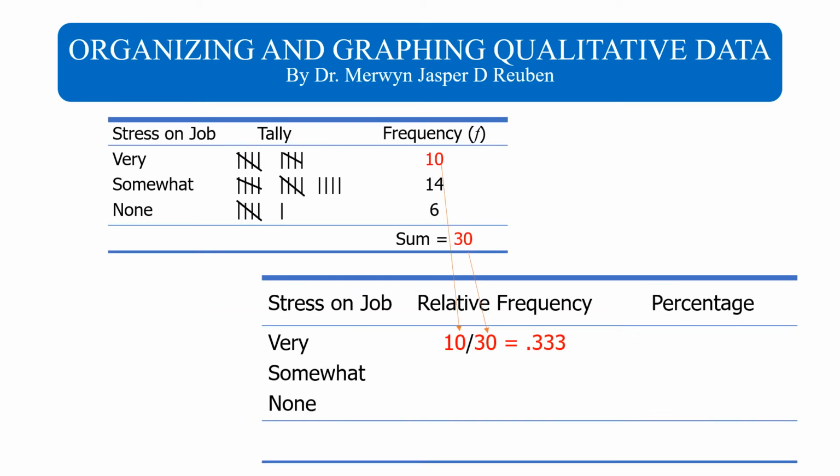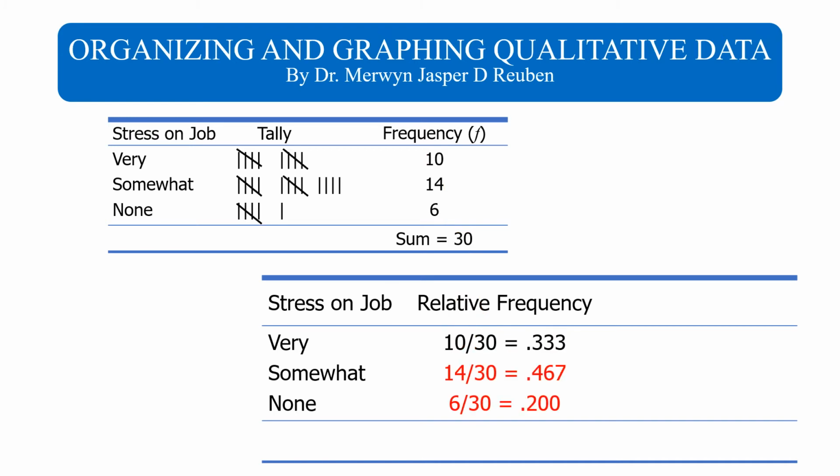Next, for the relative frequency column, we write down the frequency value and divide it by the sum of the frequencies. So here the very category has a frequency of 10 and the sum of the frequencies is 30. So I write down under the relative frequency 10 divided by 30, and the answer rounded off to 3 decimal places is 0.333.